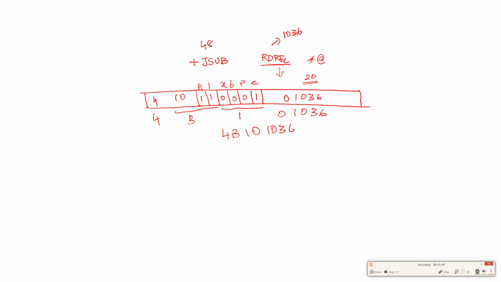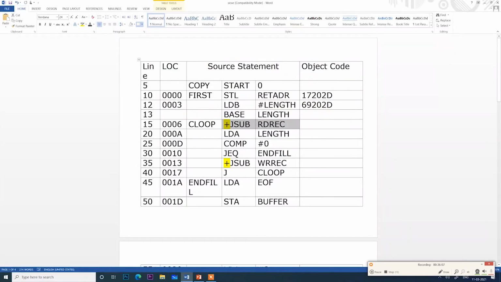If it is format 4, E is 1, then you just check whether there is an at symbol or hash symbol, then fill the remaining spaces. So now we have converted two format 3 instructions, and one format 4 instruction is also done.